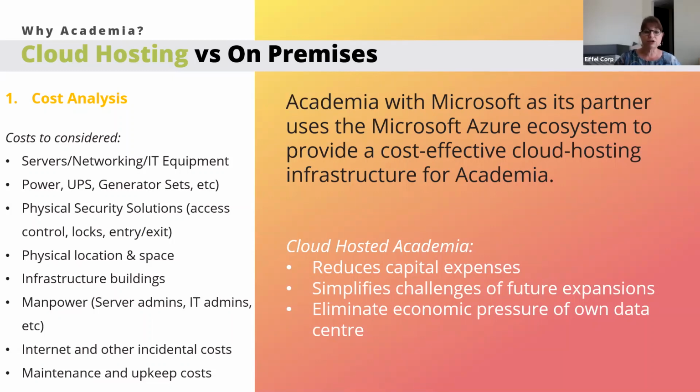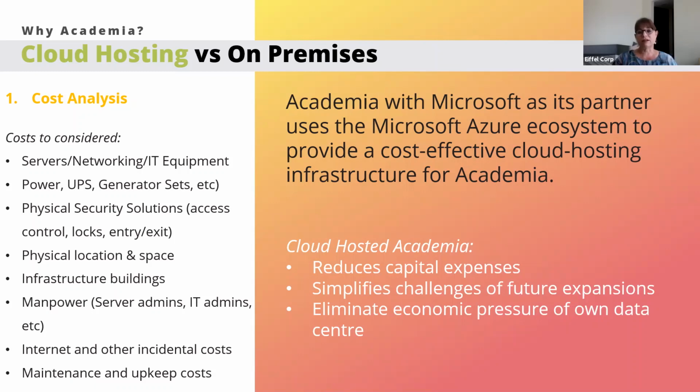The infrastructure of the buildings that you use, manpower costs for server administrators and IT administrators, those are all components that have a cost consideration. Internet and other incidental costs, maintenance and upkeep costs in relation to on-campus or on-premises hosting. That is just some of the components that will be a cost component when you analyze whether you should go on-premise or cloud hosting.